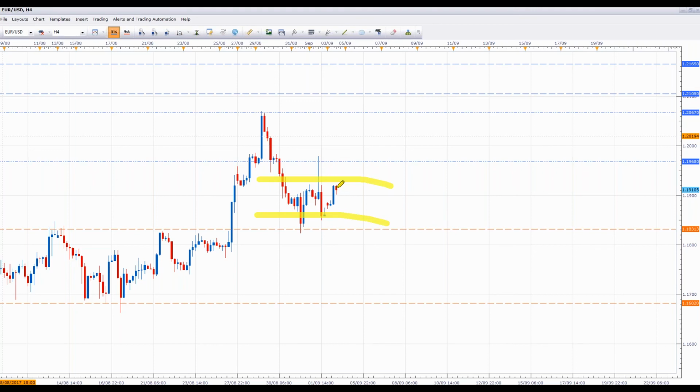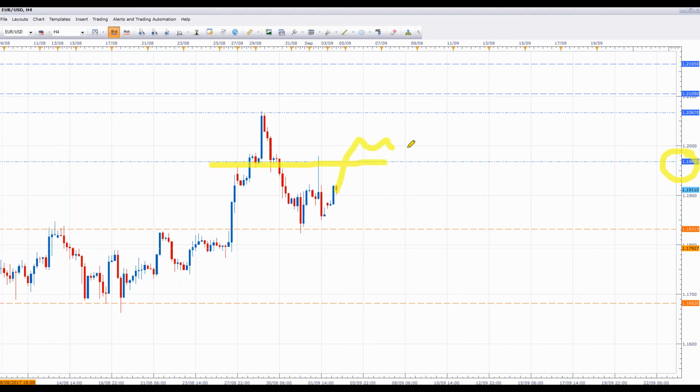Who asked about the Euro US dollar? Ravi. So what we really want to see is it come out of this, because it could be doing something like this. So we really want to see this trading back above the first target that we had up here, the 1.1968. So the safest trade here, Ravi, is above the resistance area at the 1.1980.